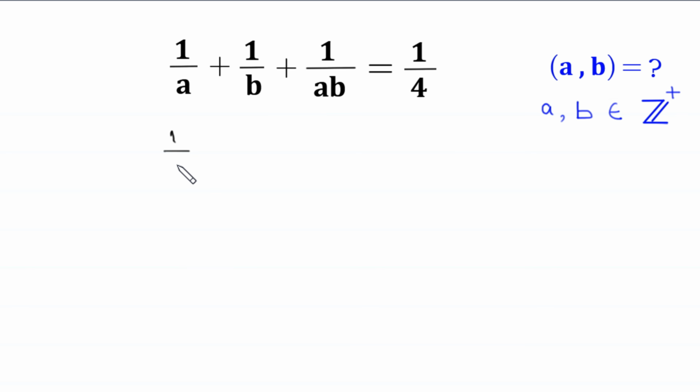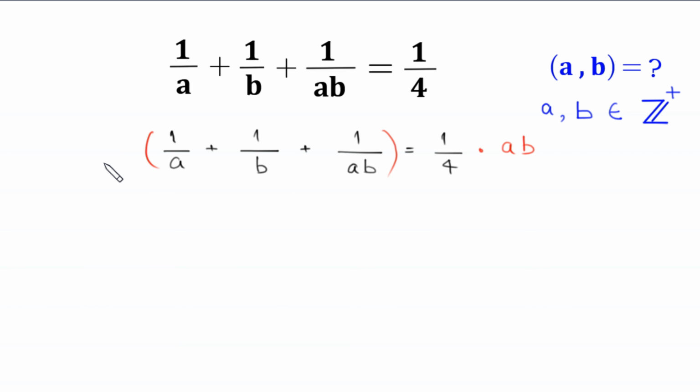1/a + 1/b + 1/(ab) = 1/4, and we multiply both sides of this equation by a times b.